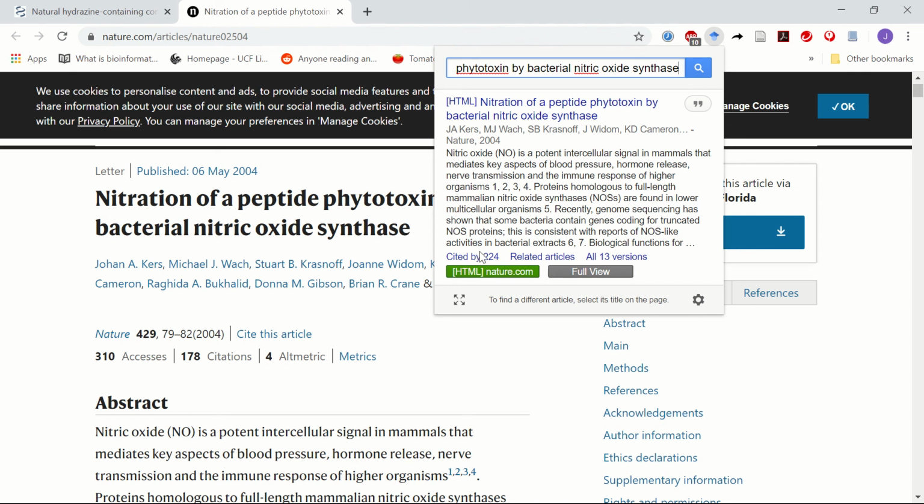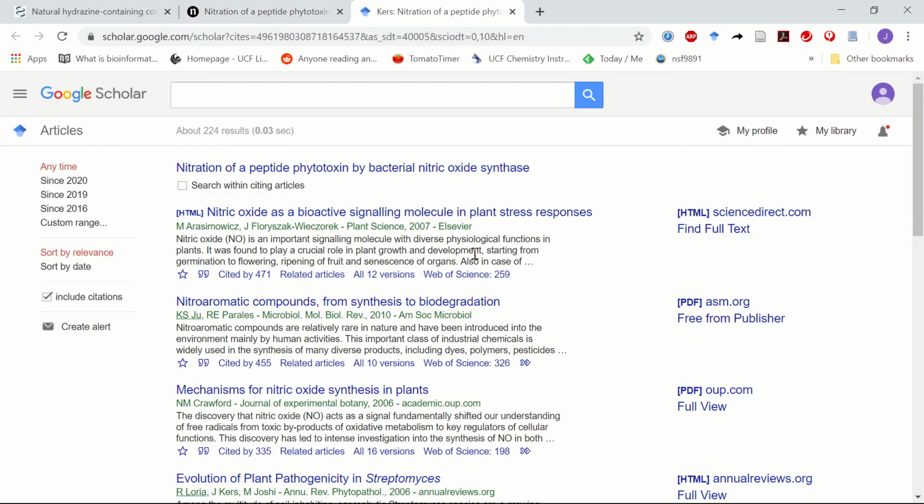There are 224 articles from when this was published in 2004 to today that I can look at. So you click on that, and what you get is all the research that's been done since then that cites that paper, so it's somehow related to that paper.